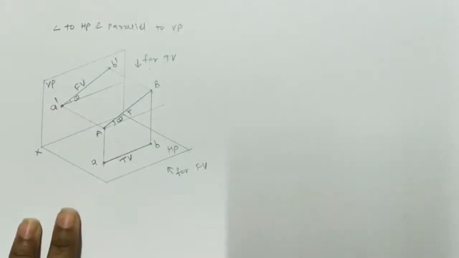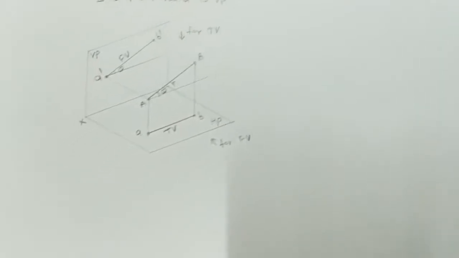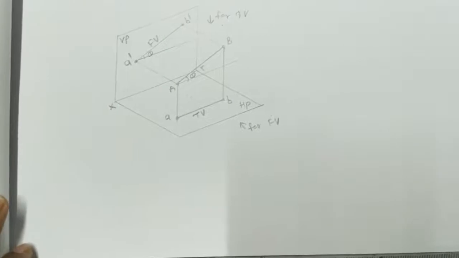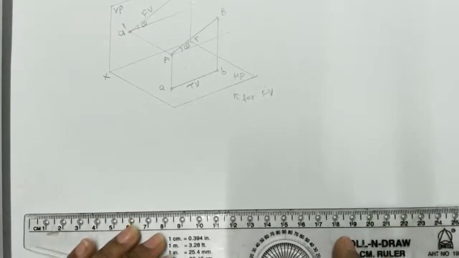So this is the condition where the line is inclined to HP and parallel to VP. Now this is a presentation in 3D. Now we will draw its presentation in 2D.